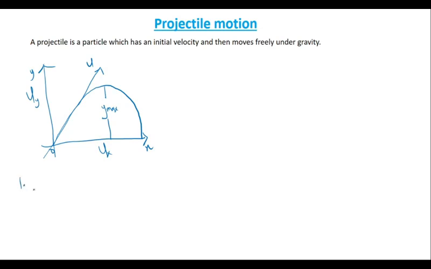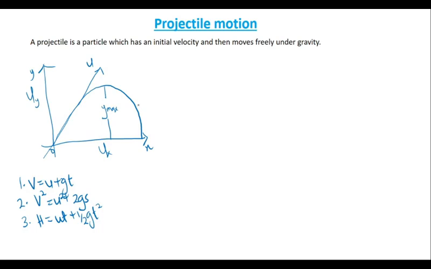The first equation of motion is v is equal to u plus gt. The second one is v squared is equal to u squared plus 2gs. And the third, our height h is equal to ut plus half gt squared.